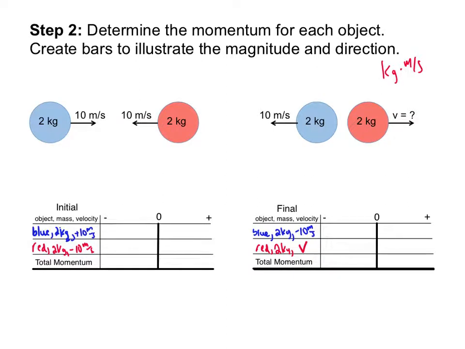So going for each one, we've got the red initially has 2 kilograms and it travels with a velocity of negative 10 meters per second. Now, to clean this up, I do encourage you to do your work in units, but I have limited space here, so I will just write negative 20 here.